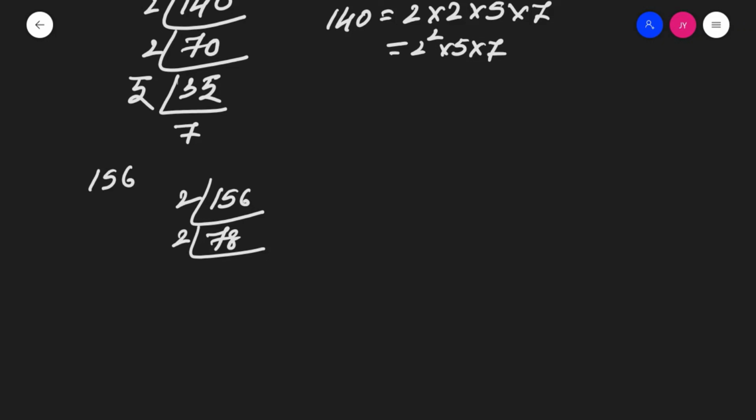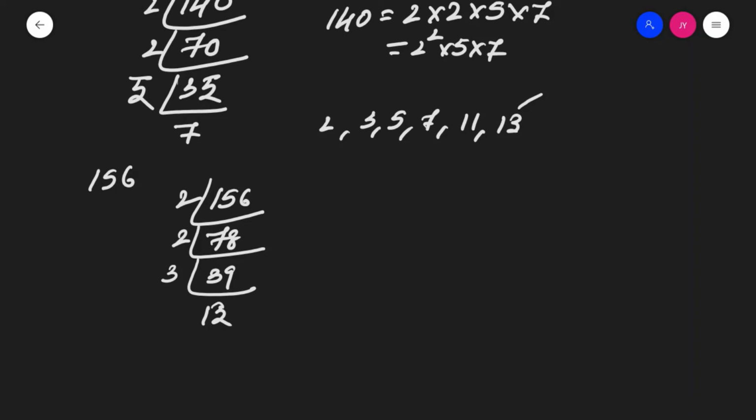Again it is divisible by 2, 39. 39 is not divisible by 2. So the next number is 3. We get 13. What are the prime numbers? 2, 3, 5, 7, 11, 13. So 13 is a prime number. So we don't need to divide it again. So 156 is equal to 2 into 2 into 3 into 13, which is 2 power 2 into 3 into 13.